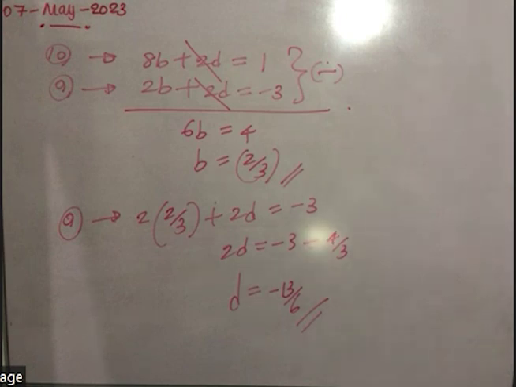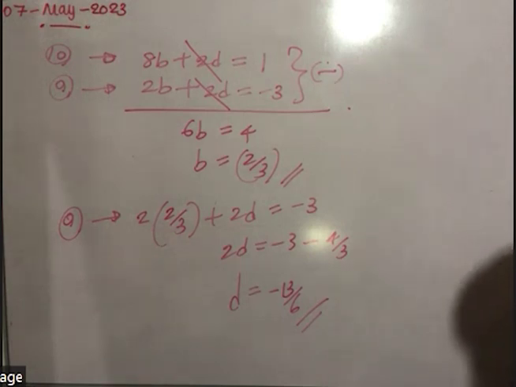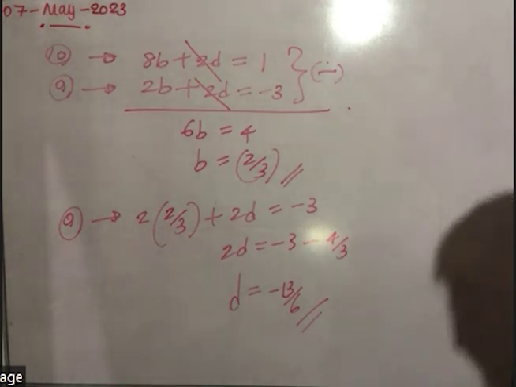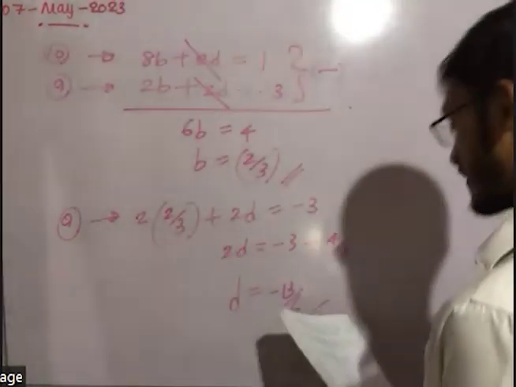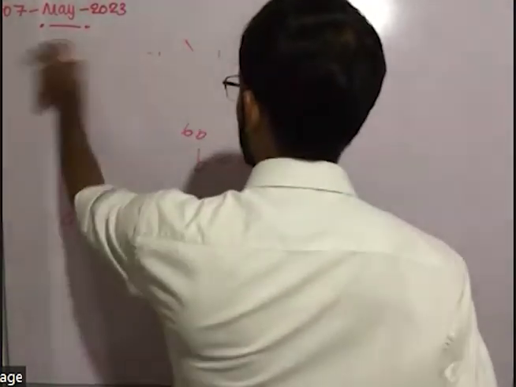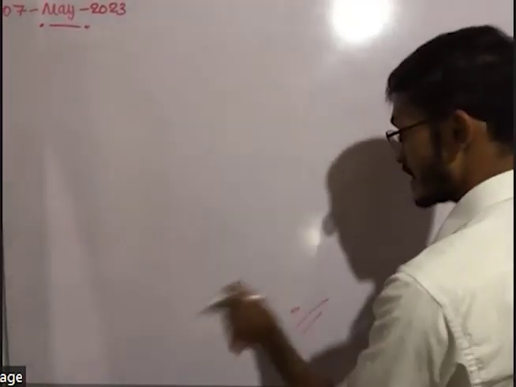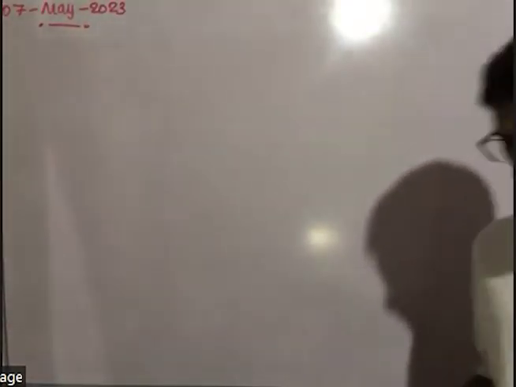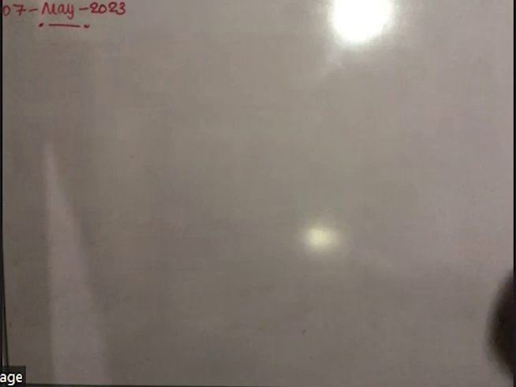Using the same method, we can find the values of a and c. So we know the values of b and d. Substitute the values of b and d in the other equations, then you can find the values of a and c.